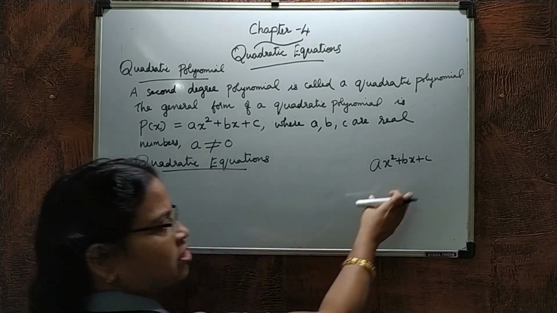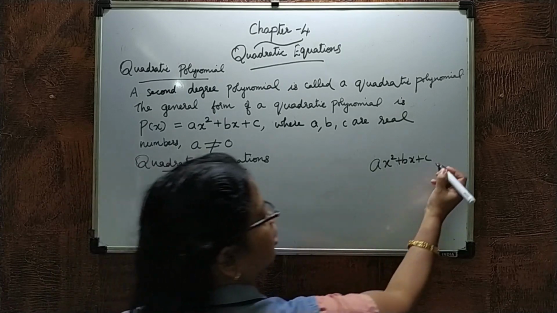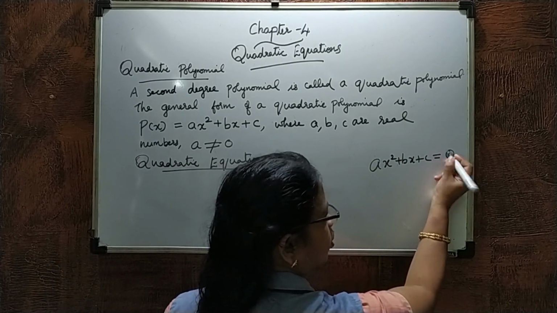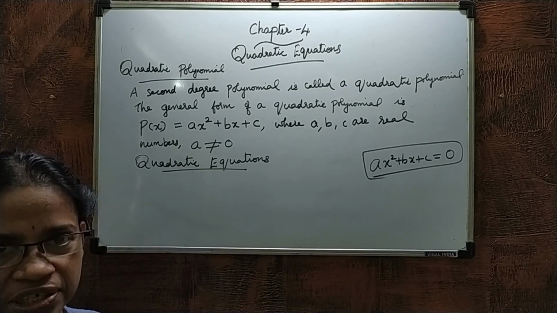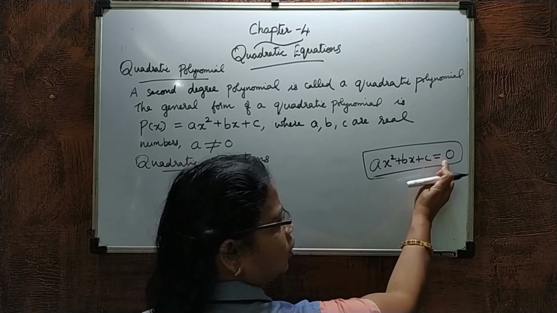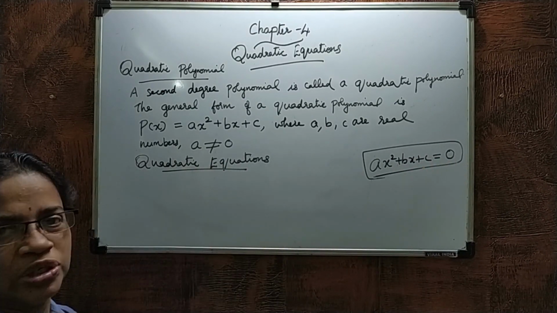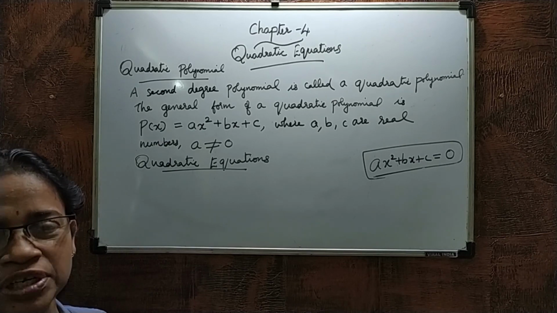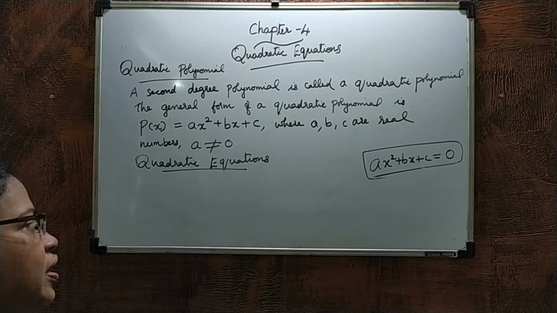Quadratic polynomial, it is ax square plus bx plus c. Then when it is equation means equal to 0, then it is called quadratic equations. The form is quadratic polynomial, then equal to 0. If you write means it will be quadratic equations. Equation means always there should be equal sign. Clear? Okay, we'll write now.